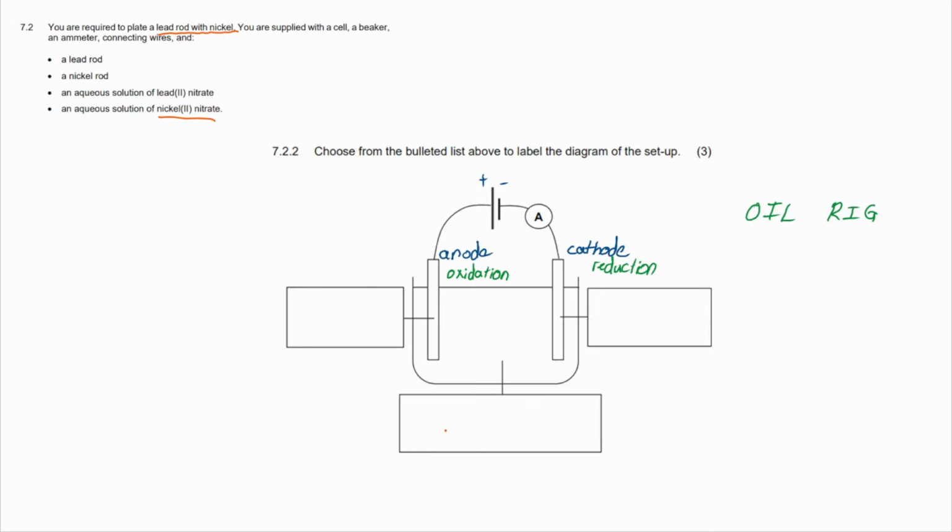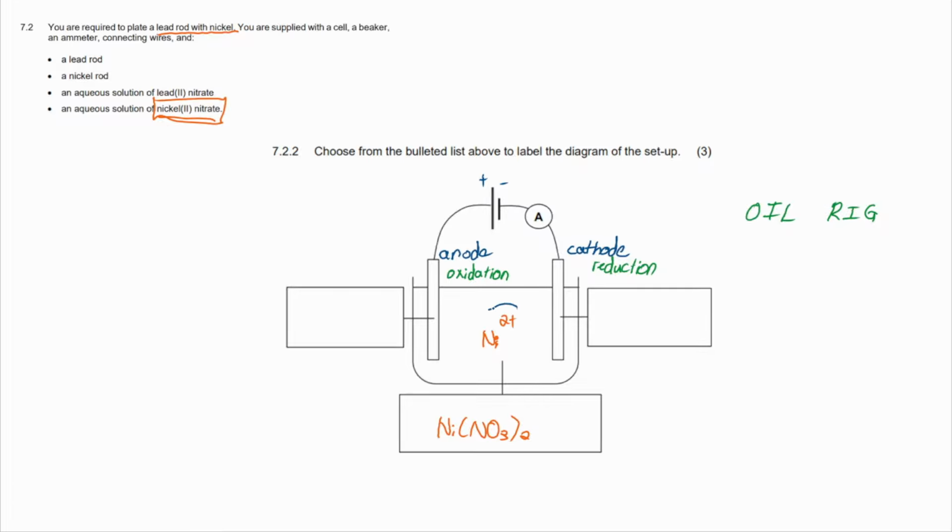I'm just going to write it as Ni(NO3)2, but you could also literally just write it as you see it here. Because we need these nickel 2+ ions in solution for us to plate the lead rod with nickel.